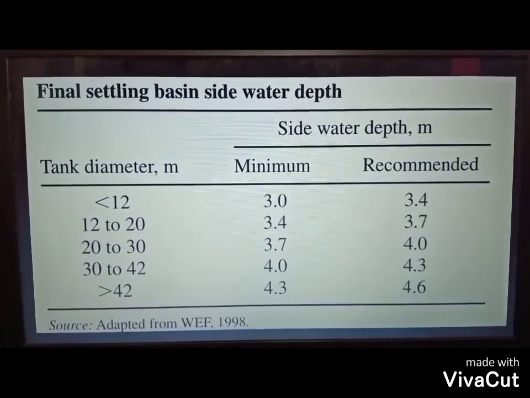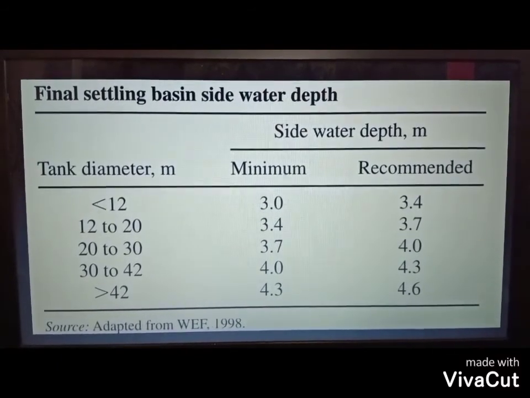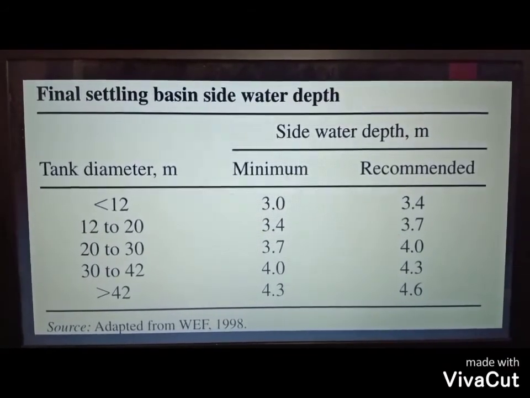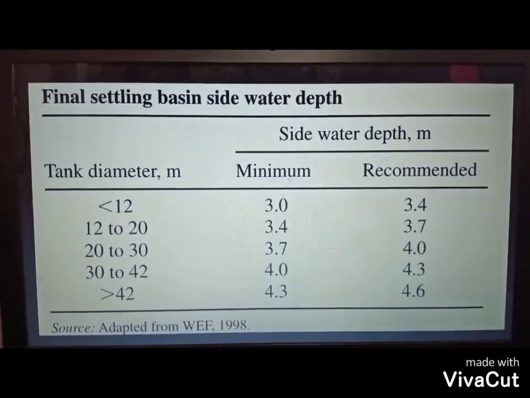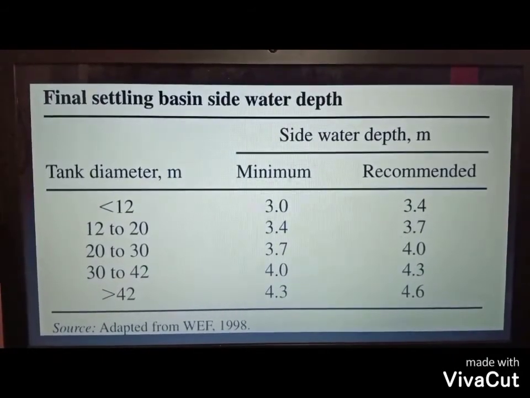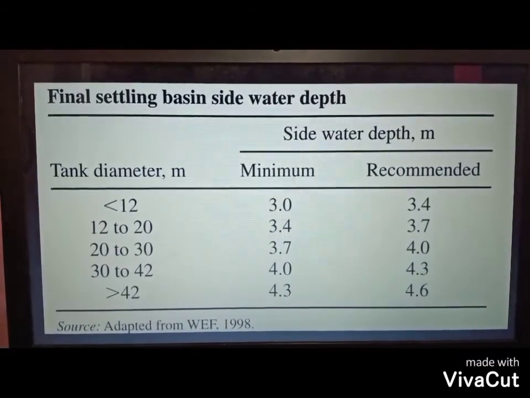If the tank diameter is 20 meters to 30 meters, the minimum is 3.7 and the recommended is 4.0 meters. If the tank diameter is 30 meters to 42 meters, the minimum side water depth is 4 meters and the recommended is 4.3 meters.